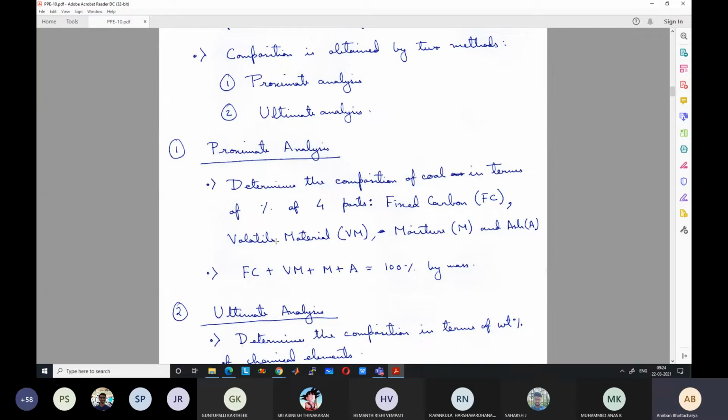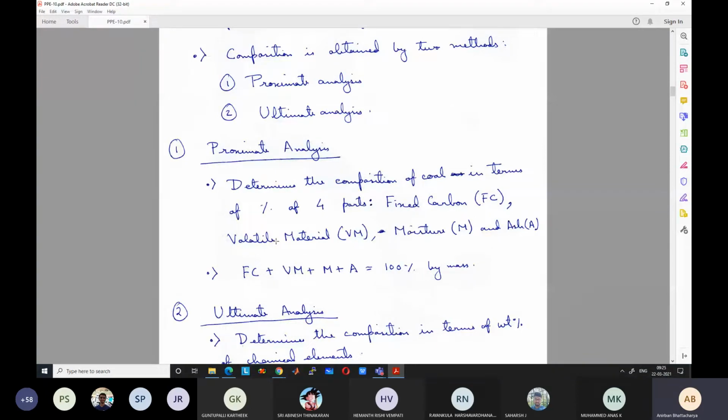So if you keep on heating it at a high temperature in an inert atmosphere, meaning there is no oxygen, so that no combustion can happen, this volatile material, which is also some sort of hydrocarbon that can take part in combustion, also goes out. Again, if you calculate the initial mass and the final mass, you can find out the volatile material. These are generally low molecular weight hydrocarbons.